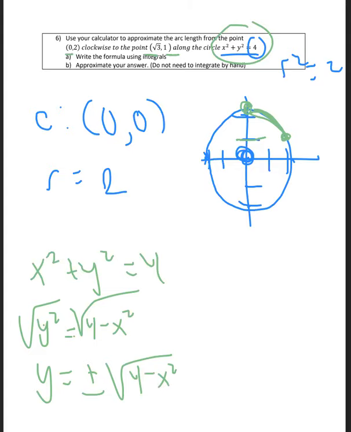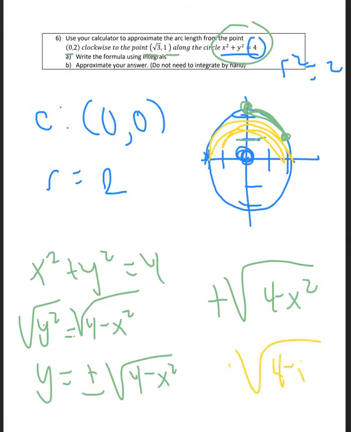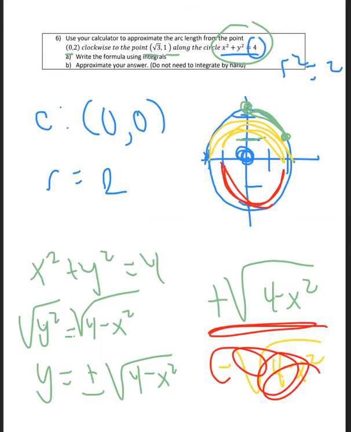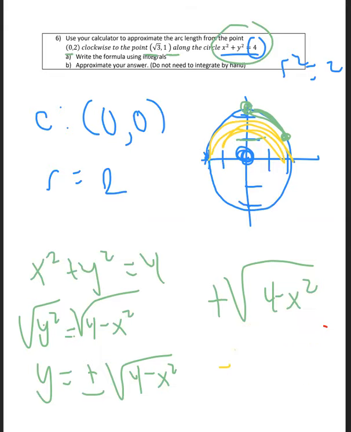The plus version is really this region over here, the yellow. And when you do minus, it would be this region in red, the bottom half of the circle. Notice that the arc length we're looking for is only on the top portion, so I'm just going to deal with this equation. The other is irrelevant in this problem, so let me erase all that.